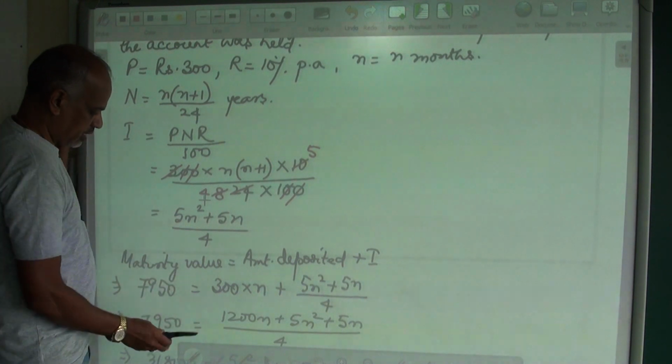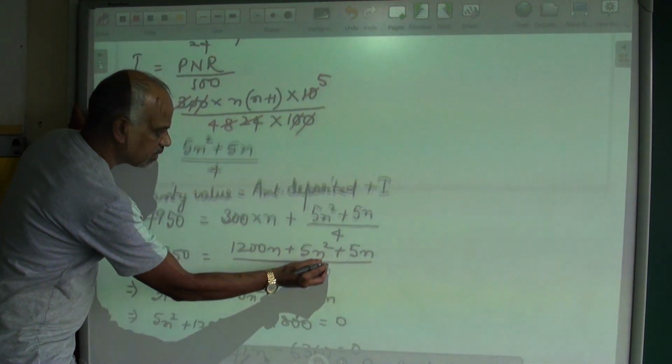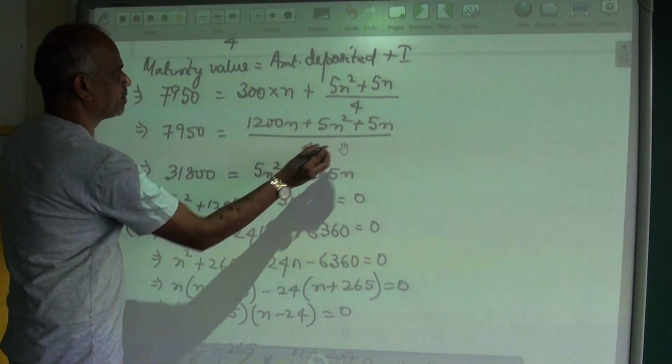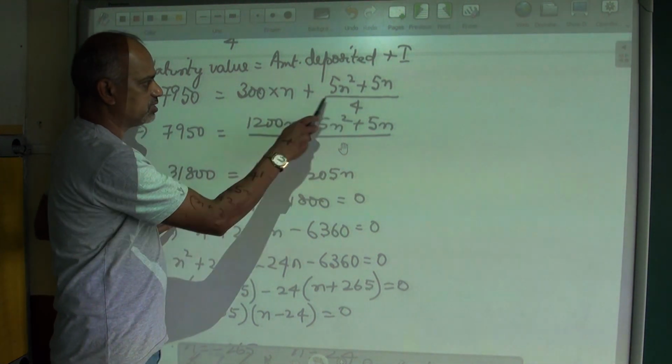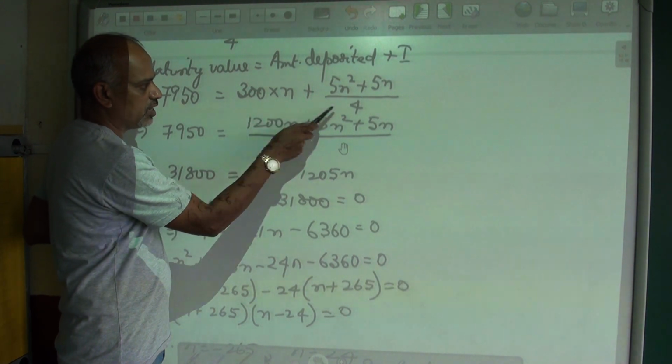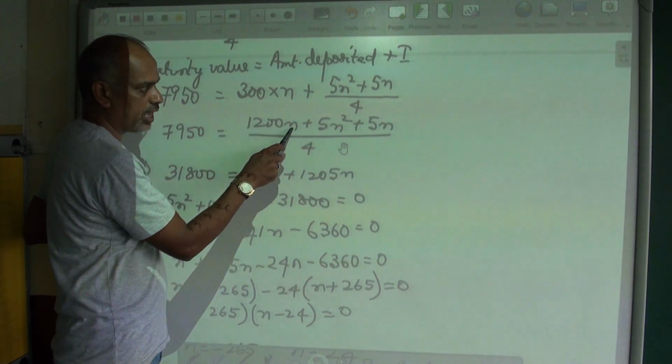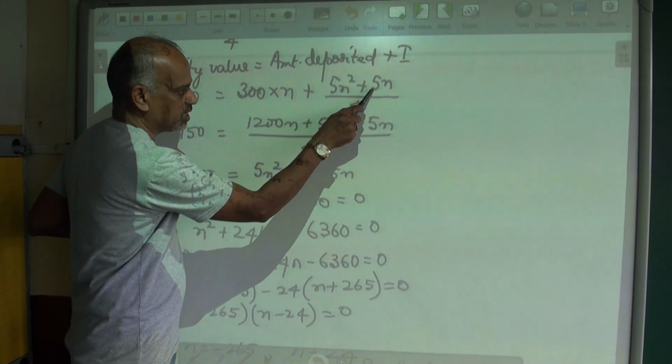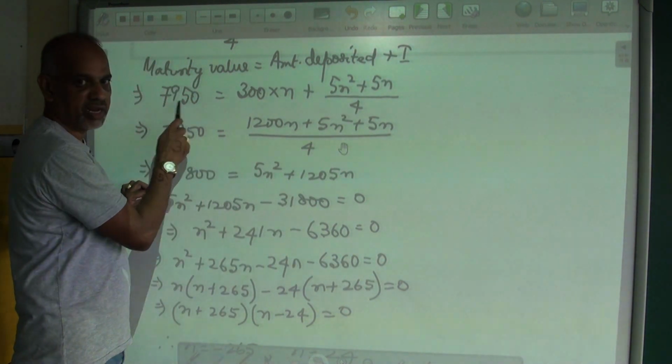Now, to simplify this, find LCM. LCM is 4. This is 300n into 4 gives you 1200n plus 5n squared plus 5n is equal to 7950 on the other side.